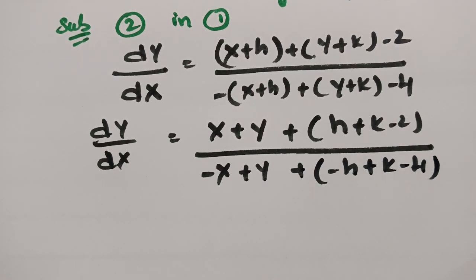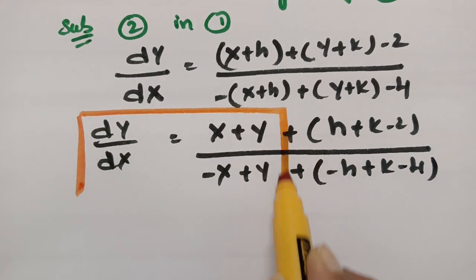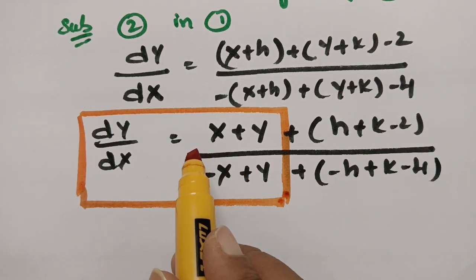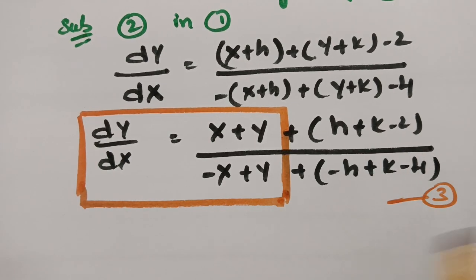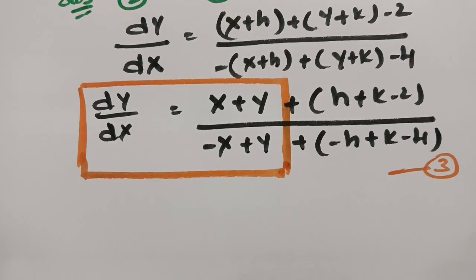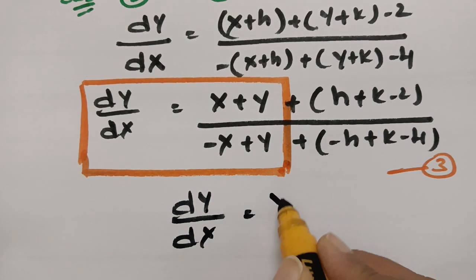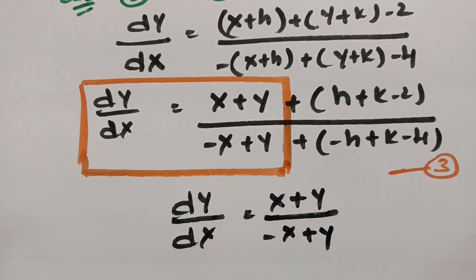Just grabbing this part, dY/dX equals the homogeneous part; name these two as equation 3 and I'll solve later. This is a differential equation which is formed: dY/dX = (X + Y)/(-X + Y).